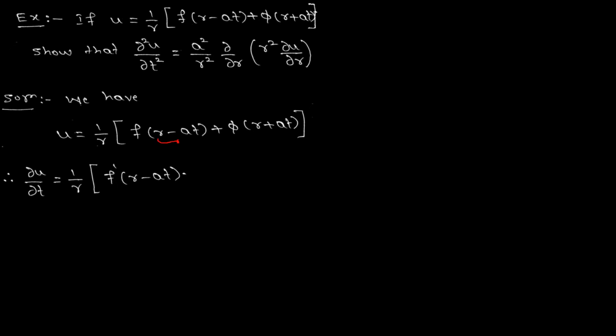Again, differentiation of this inside function using the chain rule will be taken as dou by dou t of r minus a theta.